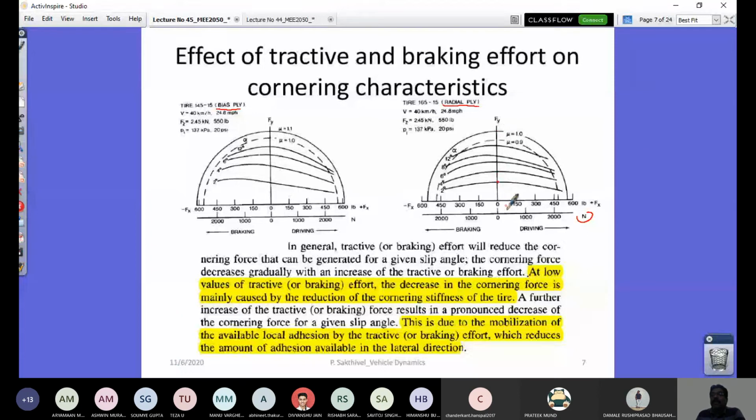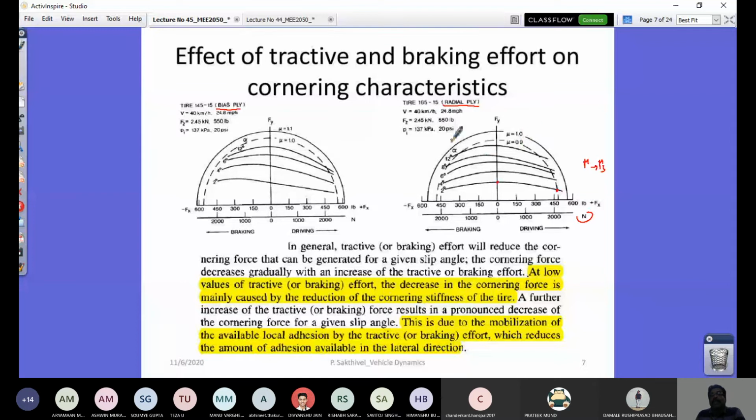At that time there is no tractive force. If tractive force comes, what will happen? This Fy value starts decreasing, and it is limited by this value here, which is the mu value. Beyond that it is going to fall to the mu s value. So this mu value given here would fall to the mu s value beyond this, or when it touches this point. So this mu s value is what it refers to. The mu value given here is the road surface characteristic, right?